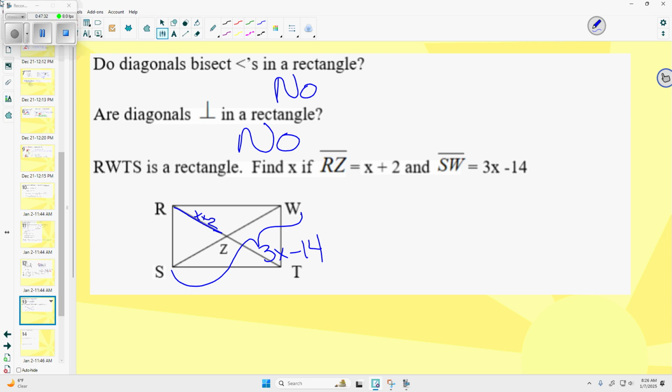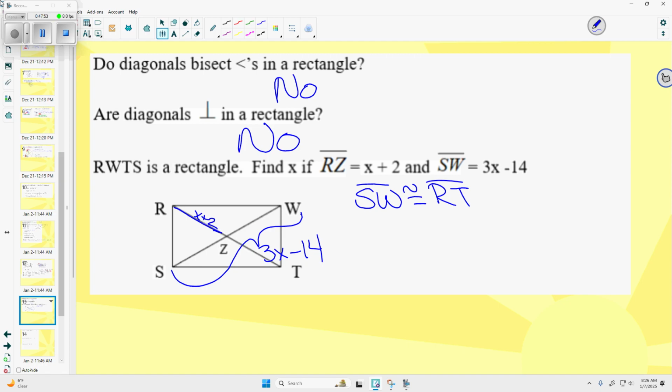What do you know about the diagonals? Two facts. They're congruent. Love it. One thing we know is that the two diagonals are congruent. The diagonals are SW and RT. I know they're congruent because it's a rectangle.